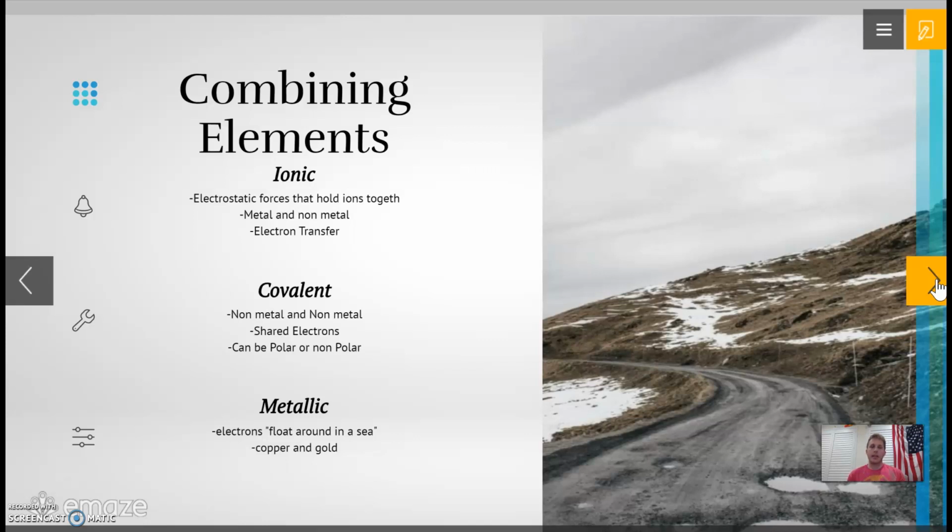Covalent, on the other hand, is a non-metal and a non-metal. So that's going to be like 2 oxygen, or oxygen and nitrogen, or carbon and oxygen mixing together, because they're both non-metal. So they share those electrons. Sometimes they go around one and sometimes they go around the other. So these can be both polar or non-polar.